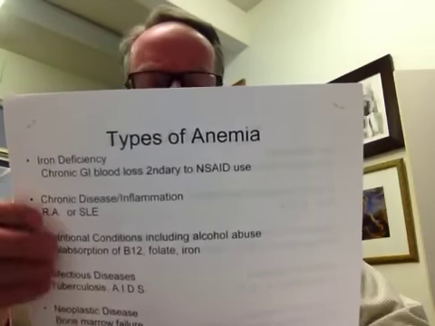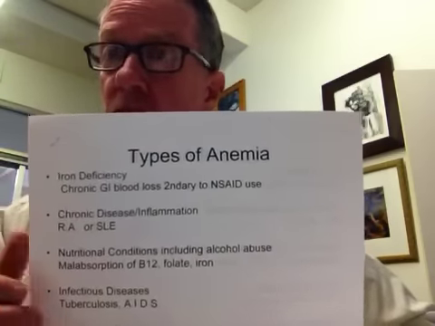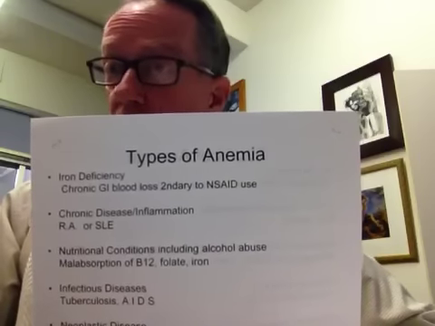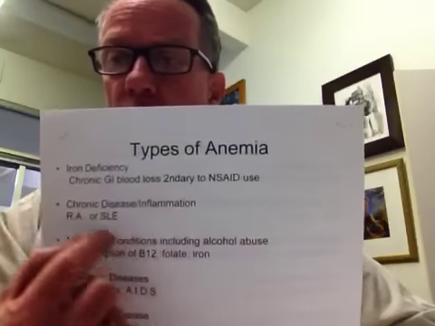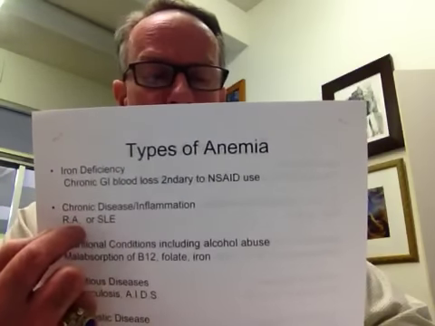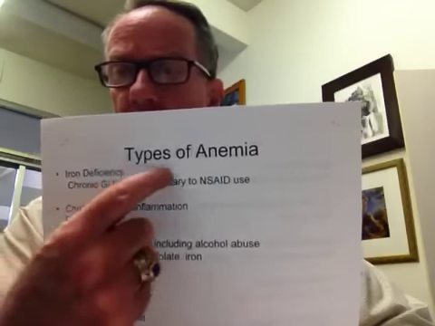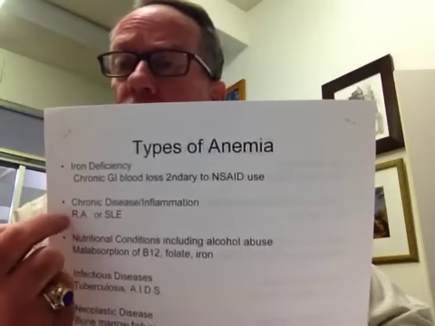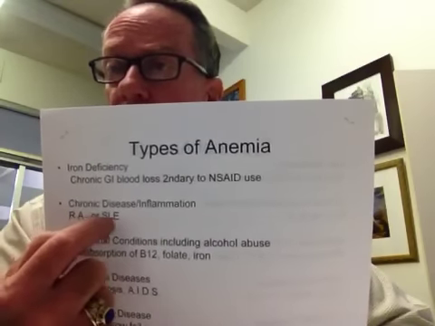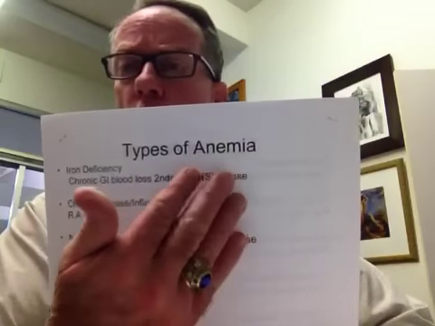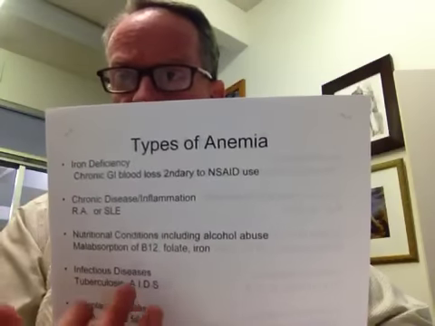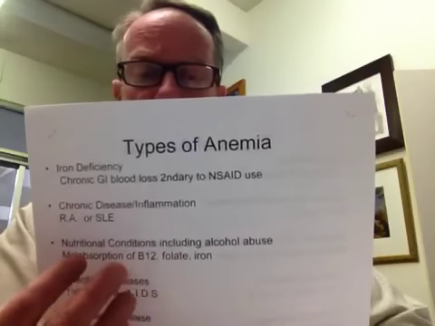Different types of anemia. I think at this point I'm just going to let you enjoy this on the PowerPoint posted on eClass. Rather than reading to you, I just want to point out that the chronic disease or inflammation category leading to anemia is rheumatoid arthritis, systemic lupus erythematosus. I'm not emphasizing that over these other etiological factors or types of anemia.